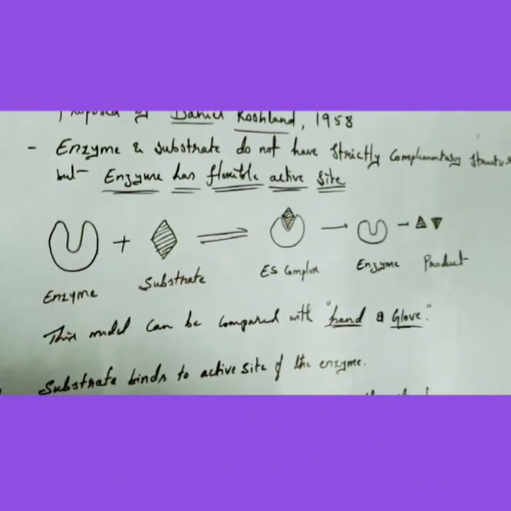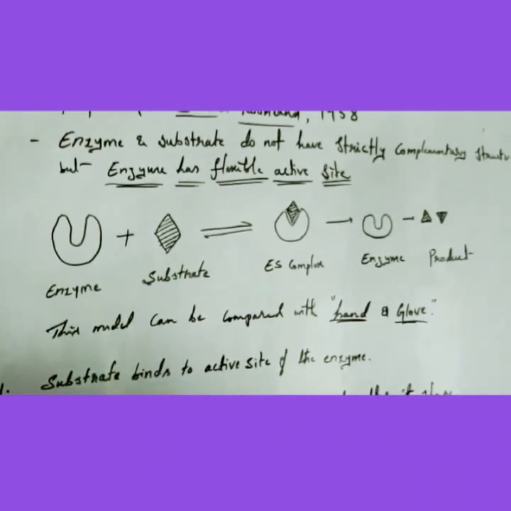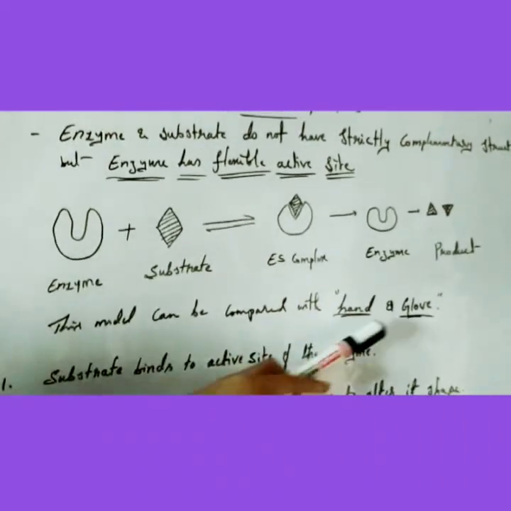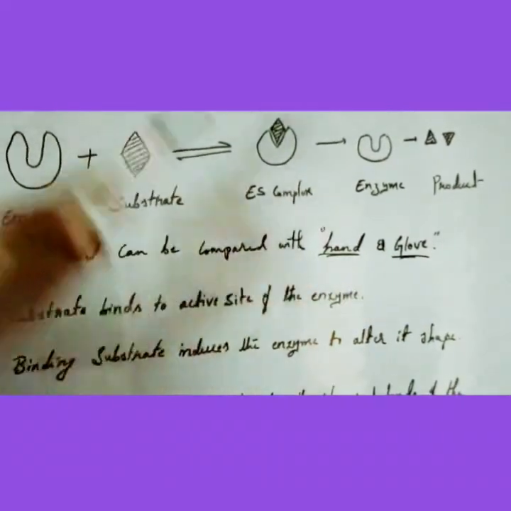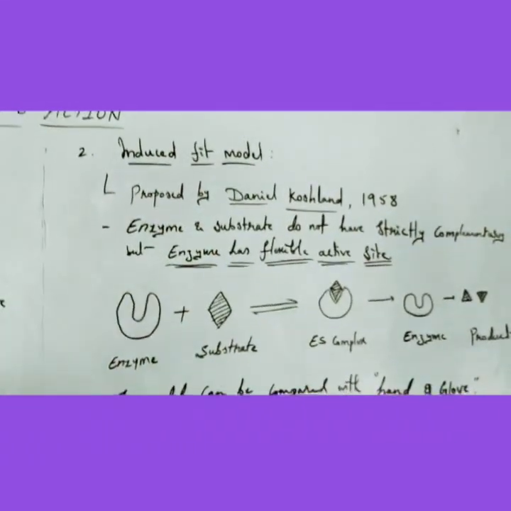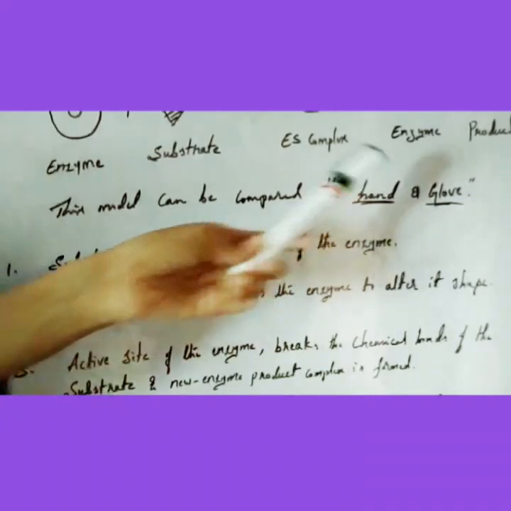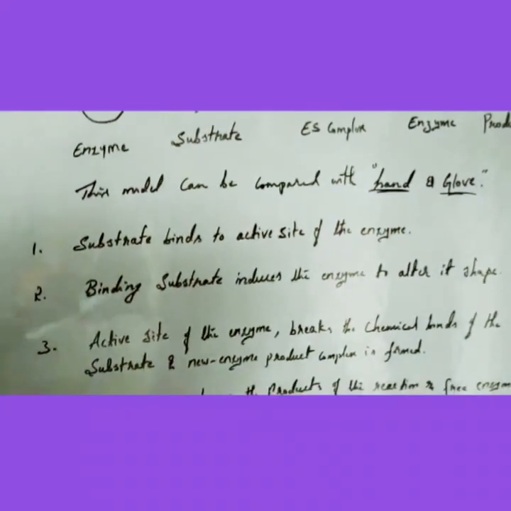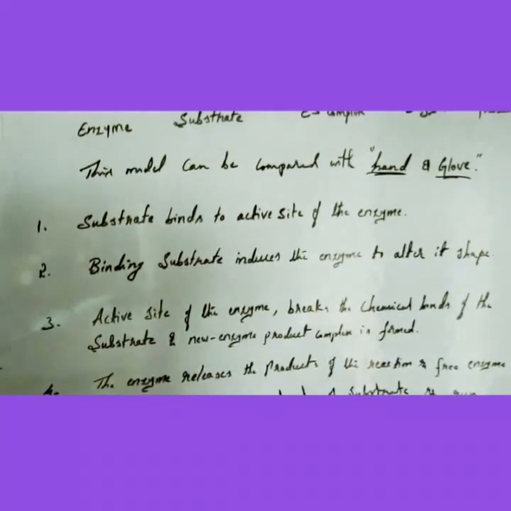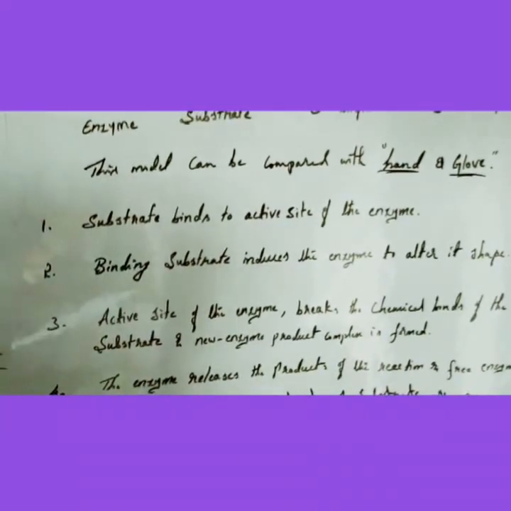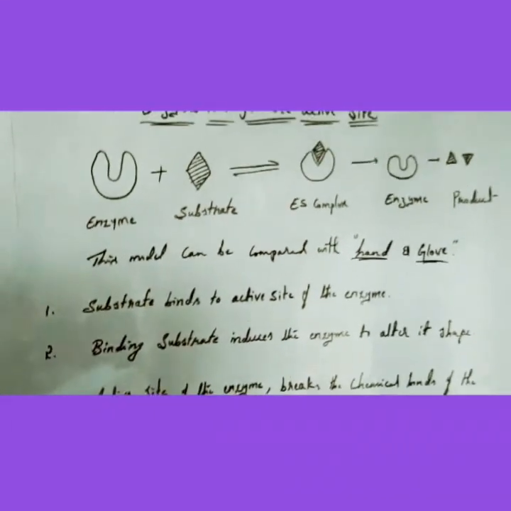This model can be compared with a hand and glove. The same glove can fit the hands of many persons. The glove adjusts itself to the hand of the person who wears it.